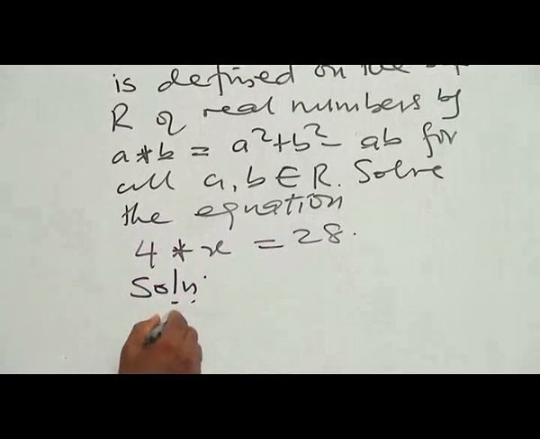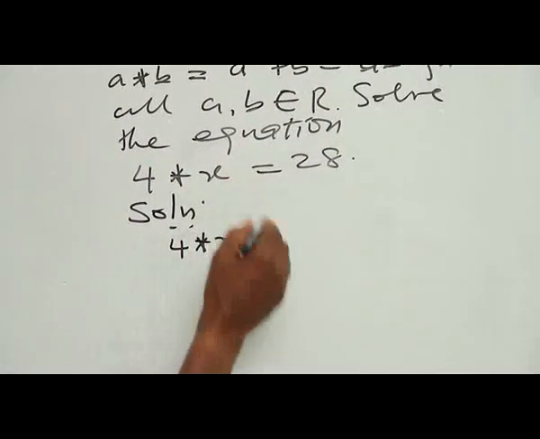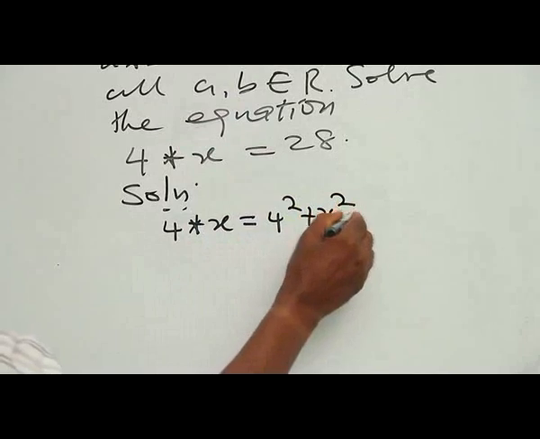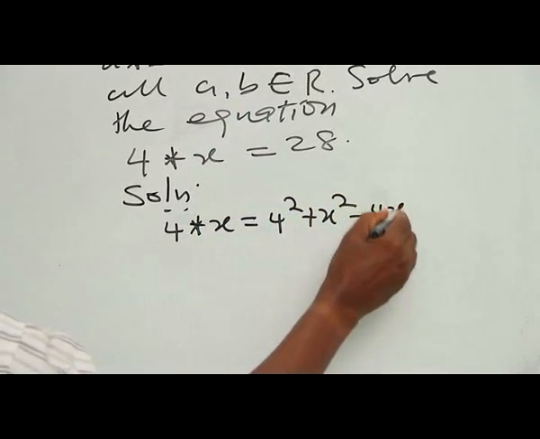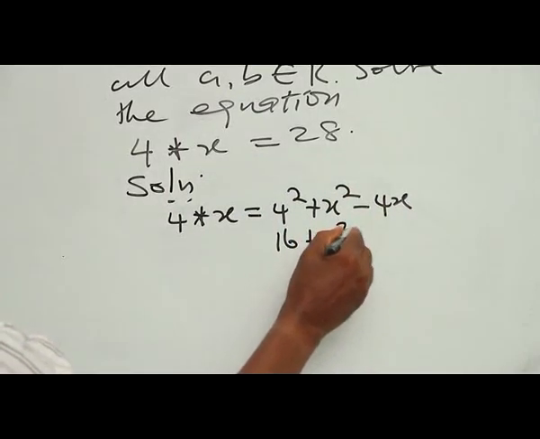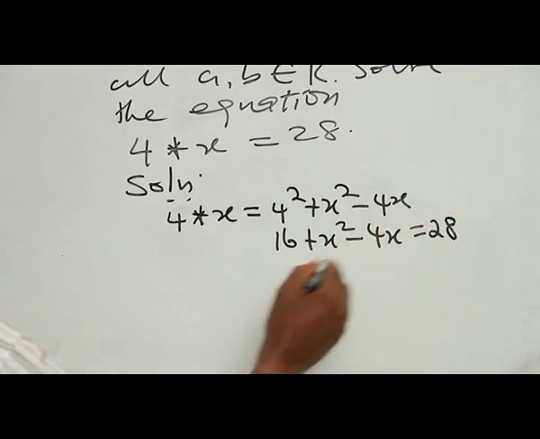Our solution: 4 star S is equal to 4 squared plus S squared minus 4 times S. That means 16 plus S squared minus 4S, and this is equal to 28.